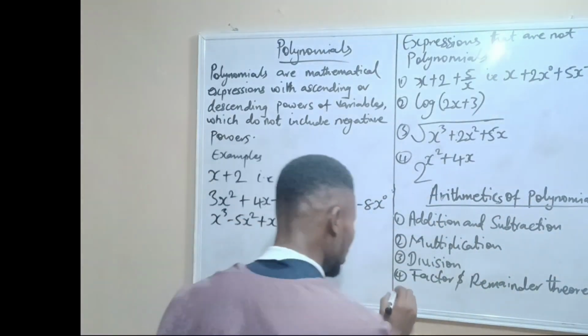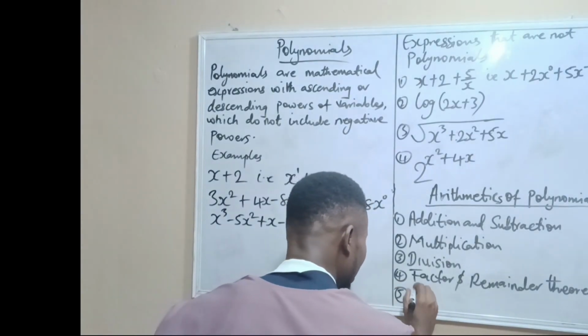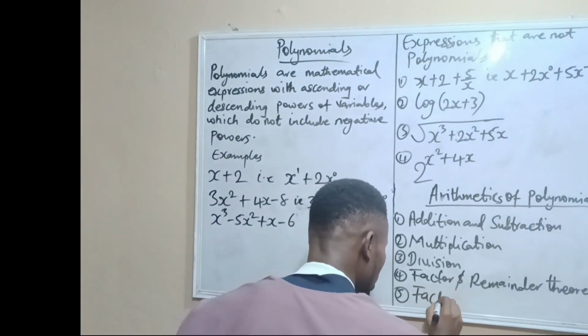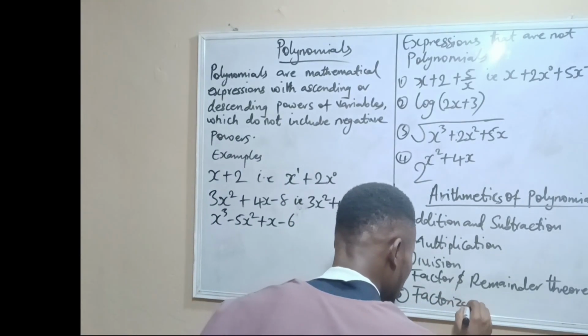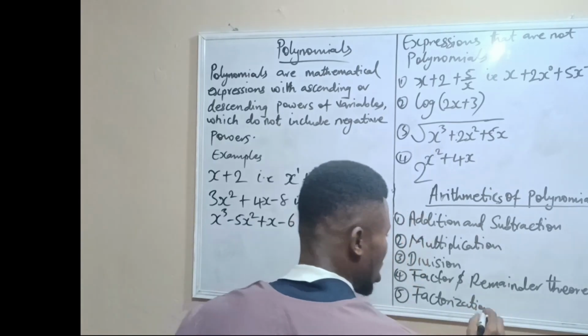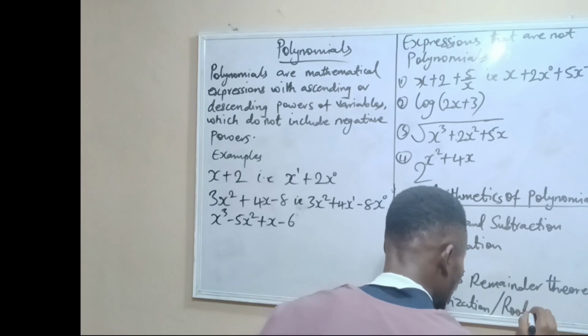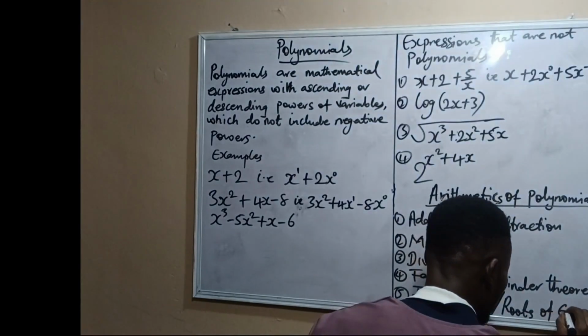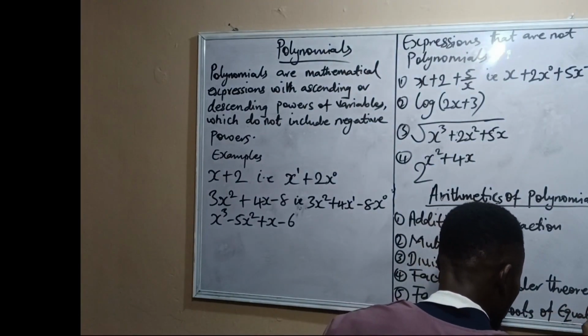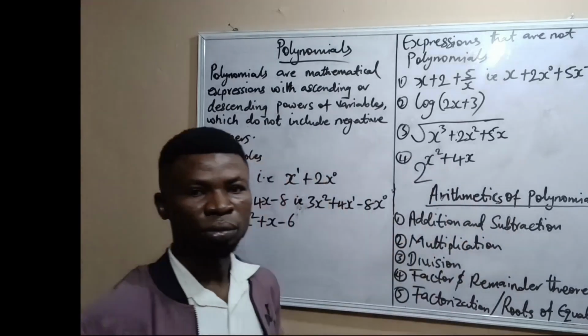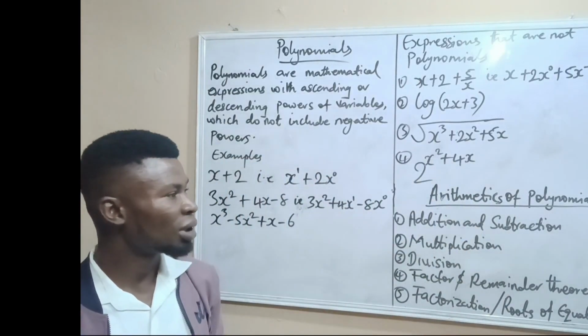Then the very last one, which is factorization and the root of equation. So these are the arithmetics of polynomials.